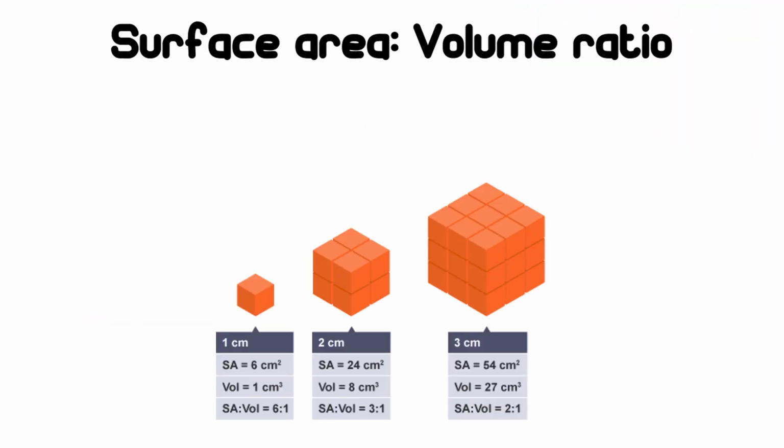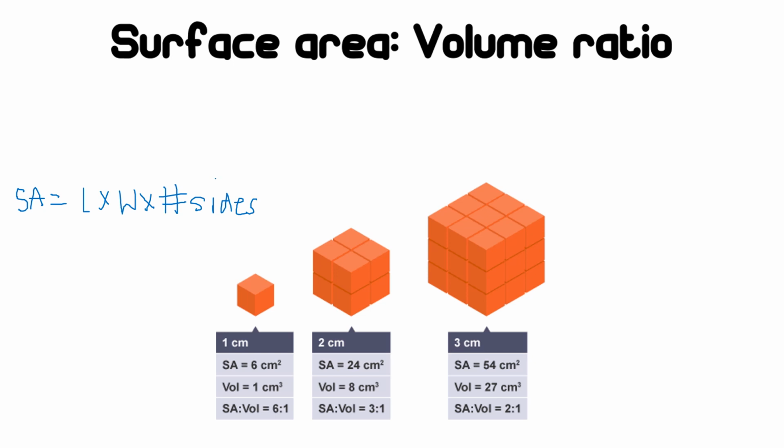So how do you calculate surface area to volume ratio? Well, first you're going to do the surface area, which is length times width times the number of sides. Okay, sorry about my writing. I'm writing this on my computer.